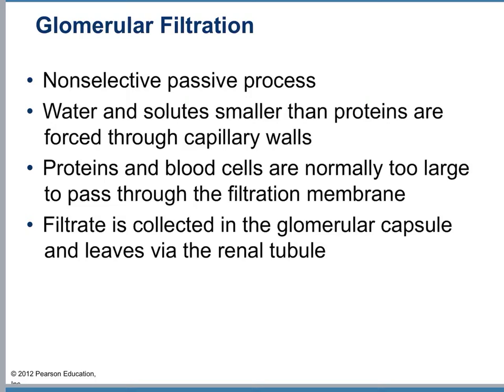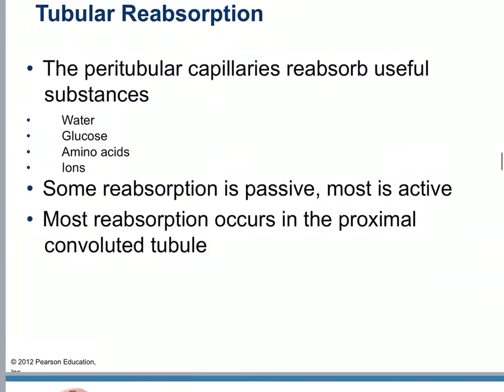Things that are protein size and bigger, such as blood cells, other cells, those are normally too large to pass through the filtration membrane, which is good. It means you don't have to replace your blood every time it goes through the kidneys. Filtrate is then collected in the capsule and leaves via the renal tubule.